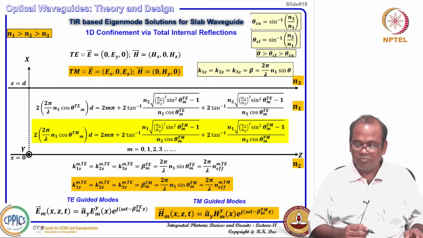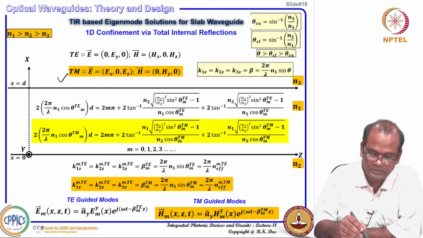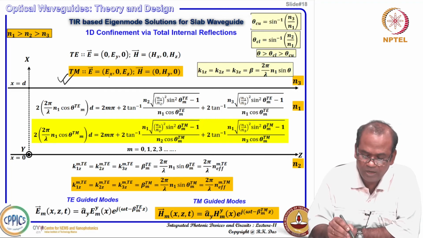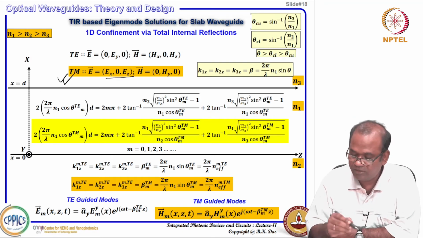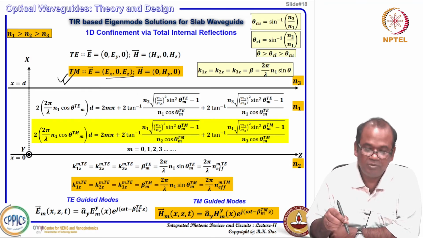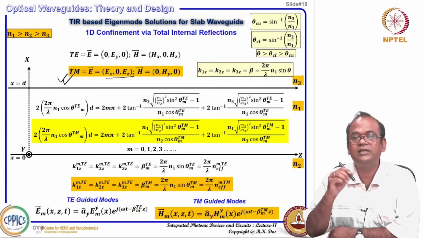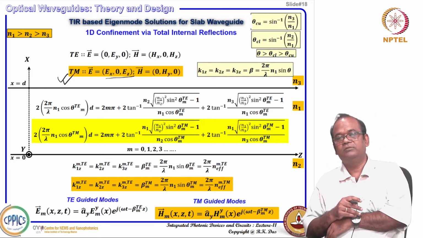Next, the same thing I can think of for TM polarization. For TM polarization, as I mentioned earlier, the electric field will be in the xz plane and the magnetic field will be in the normal direction, so the magnetic field is the tangential component.